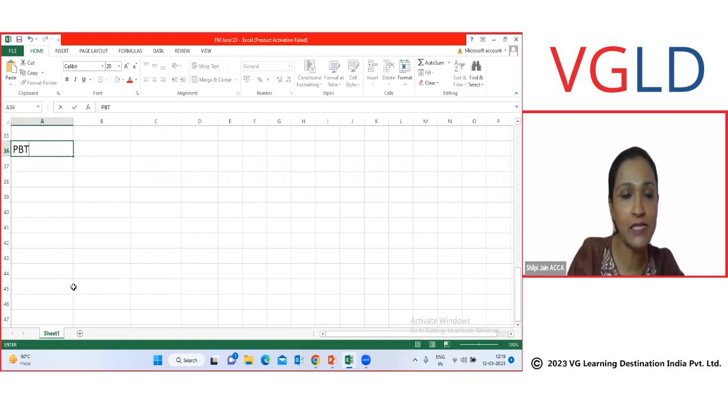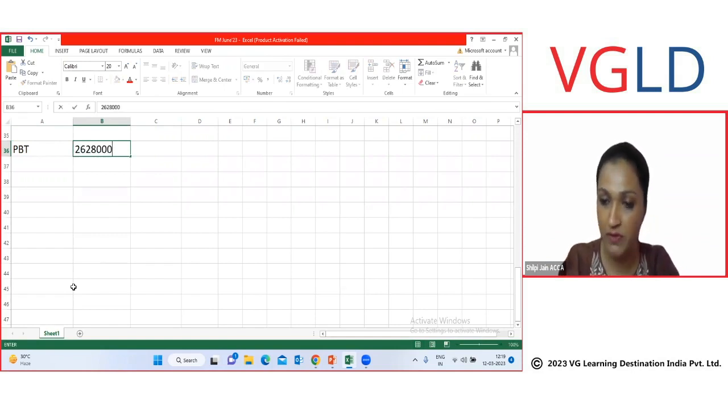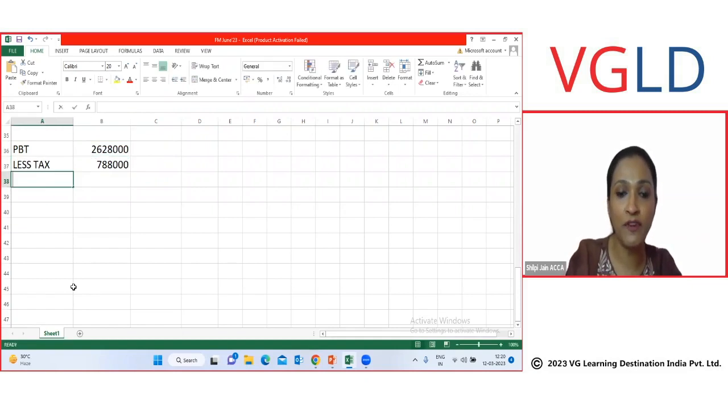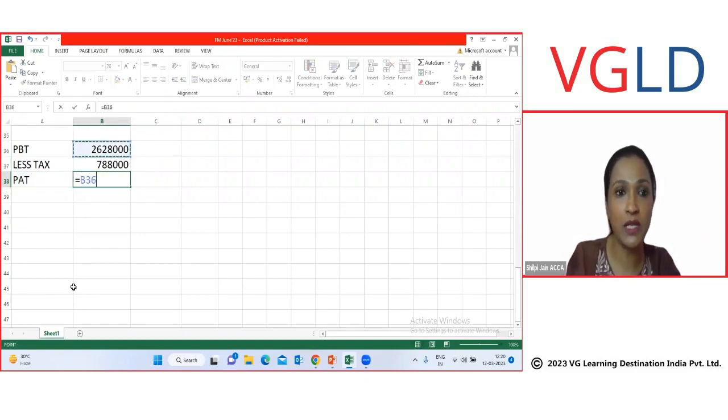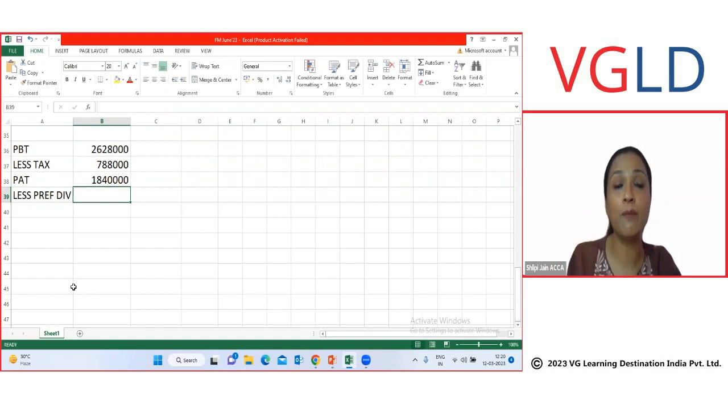Profit before tax. I'm just opening the book for myself as well so that I can take the figures from here. 2,628,000. You obviously need to reduce tax from this, which is 788,000. So profit after tax comes out to be this minus this. And then you have to give away preference dividend. Also remember, you have to calculate the profit which is attributable to equity shareholders.